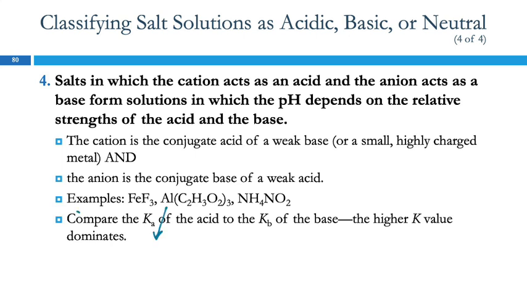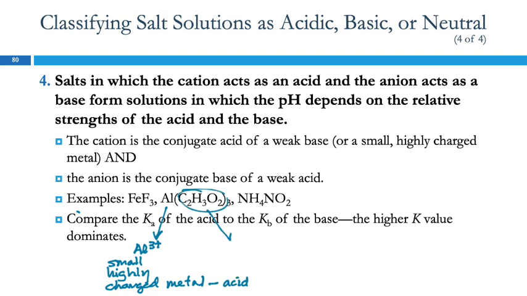So Al3+, what's special about that? Al3+ and Fe3+ we need to remember because they act as acids. These are small, highly charged metals. So it acts as an acid.